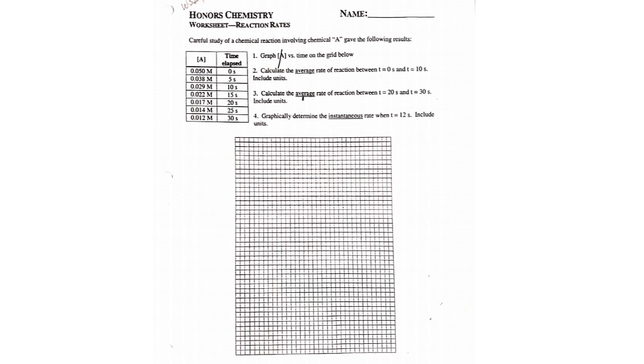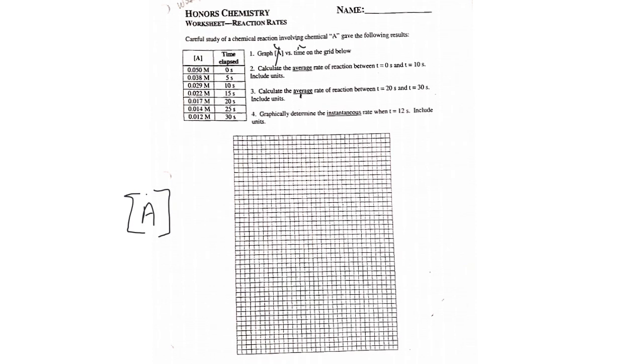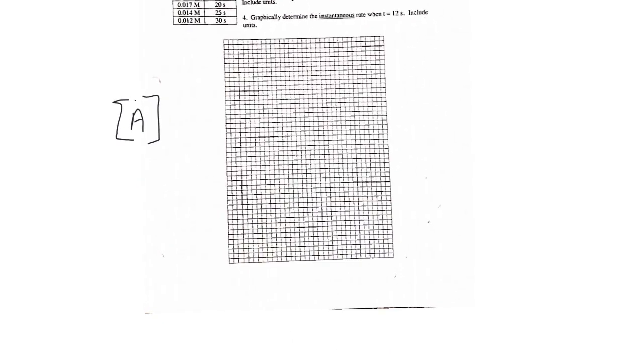So we'd have our Y and then our X. So our Y is going to be the concentration of A. Our X will be the time. And that's in seconds.